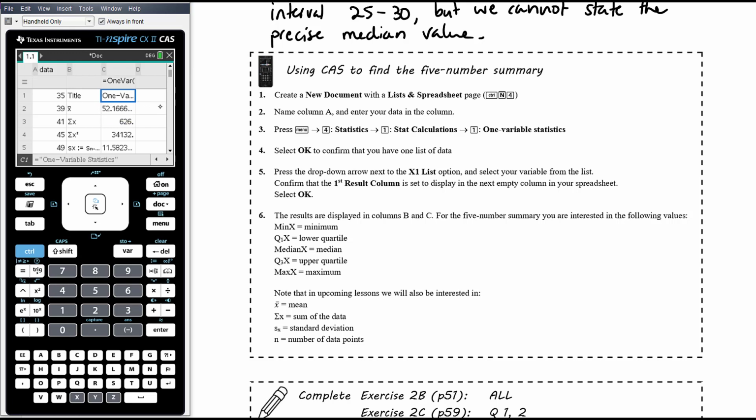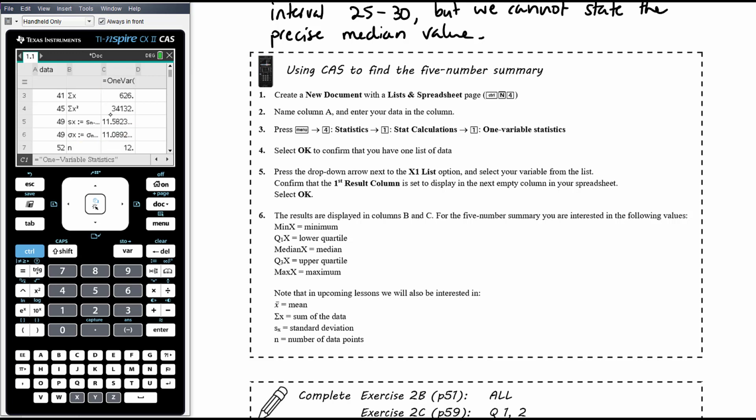It's added up all the data and divided by the total number of bits of data, which was 12. The second one, this symbol here, means the sum of x, the sum of all the data values. So that's just added them all up, 626. The next one is the sum of all the squared data. We've squared all the data values and then added them up. We don't have any need for that, but it's useful in some other statistical calculations.